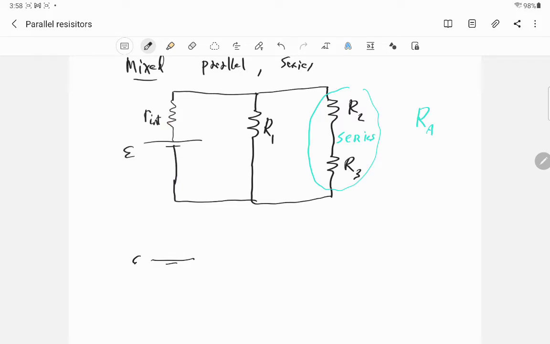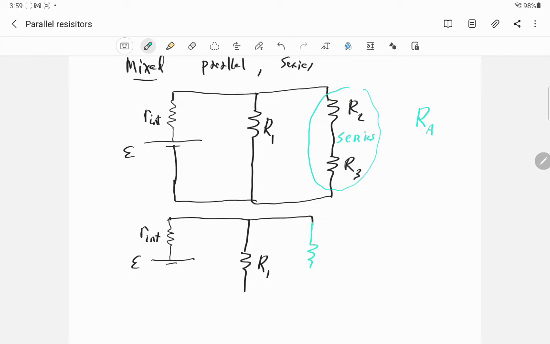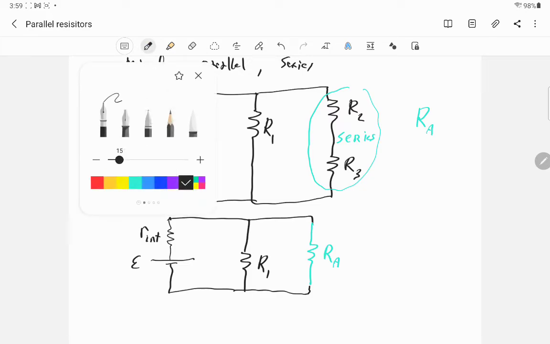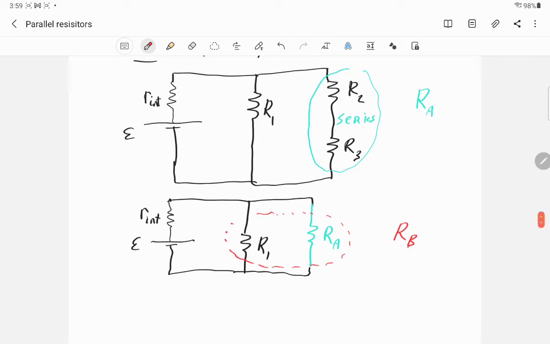I've still got the EMF, the little r internal, but now I've got the parallel combination of this thing called R1 and this thing called RA, right? So now I'll do the parallel combination of R1 and RA.